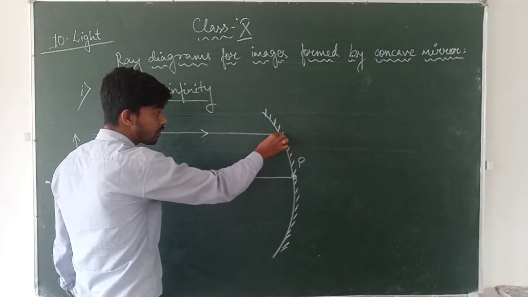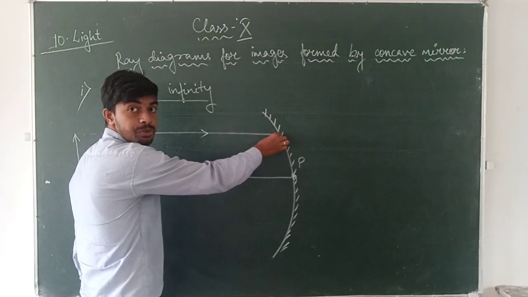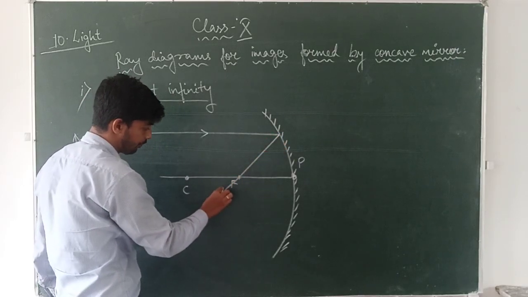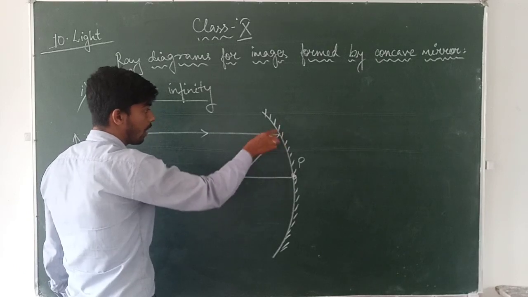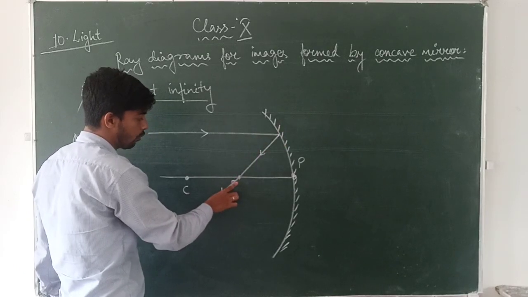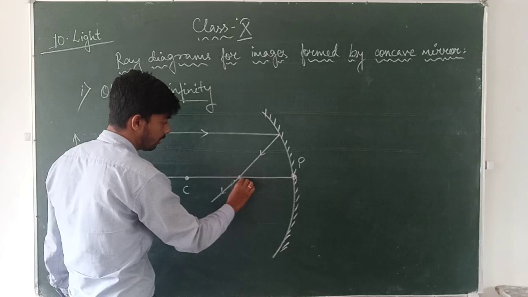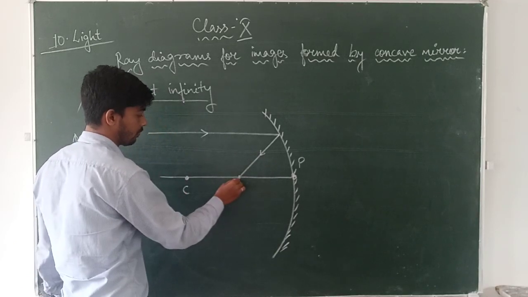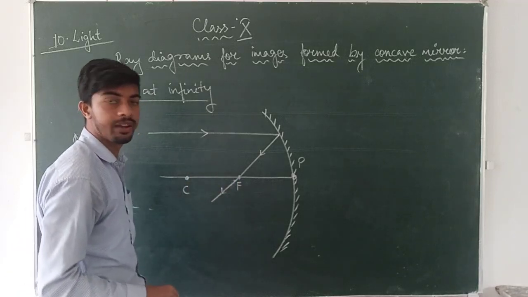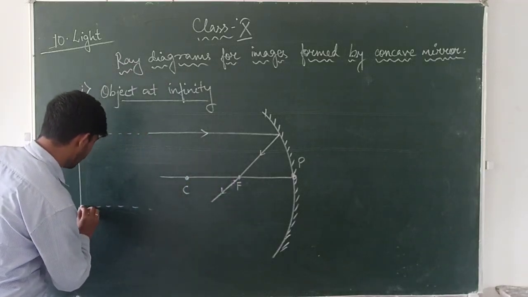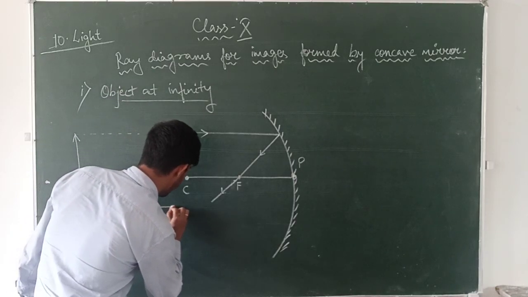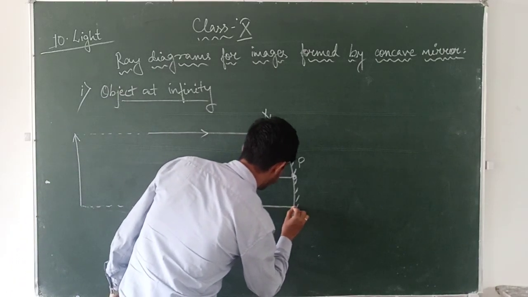And after reflection from the mirror, the ray as per the rule will pass through the focus. After reflection the ray is going through the focus. Second ray, as it is coming from the bottom of the object, will also come parallel to the principal axis.